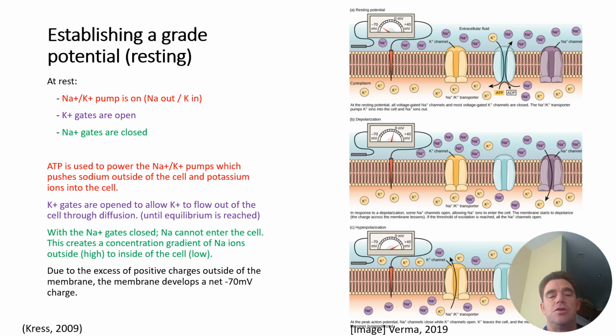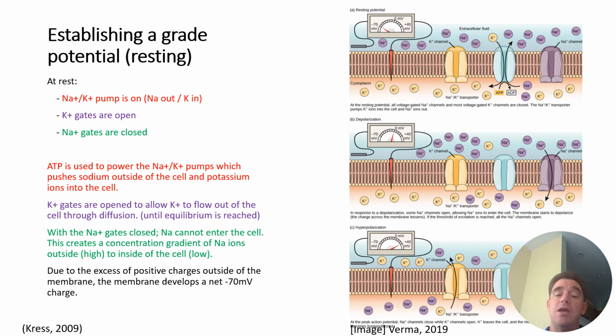So here are the basic 3 things we're looking at: the sodium-potassium pump, the potassium gate, and the sodium gate. At rest, you're using energy. That's the big one. At rest, you're using energy. We're going to use our sodium-potassium pump, actively pushing sodium out and potassium in.